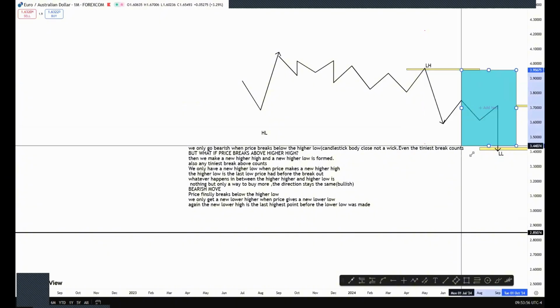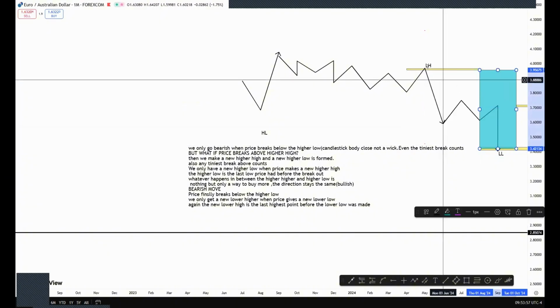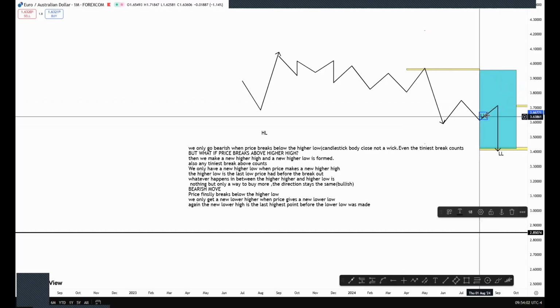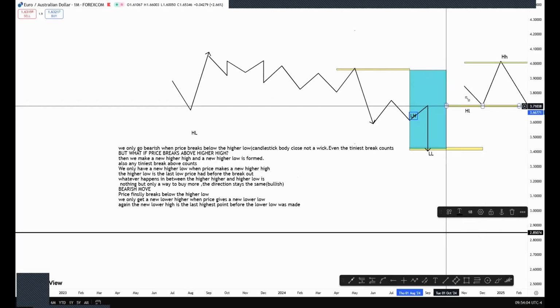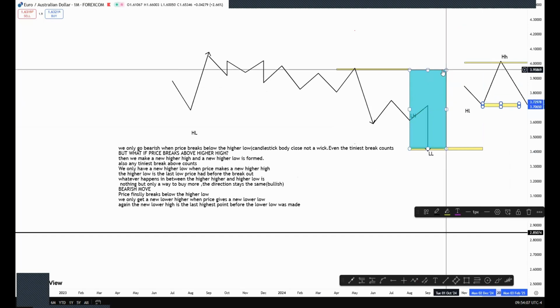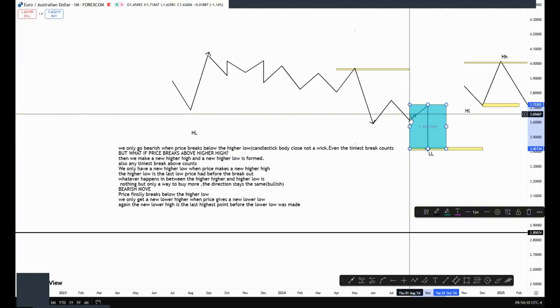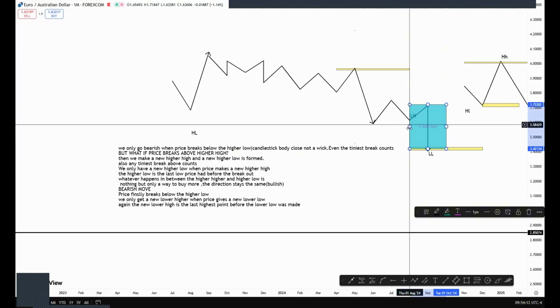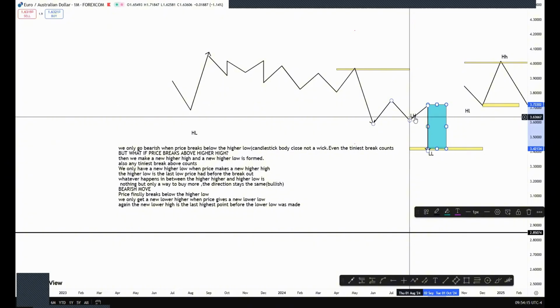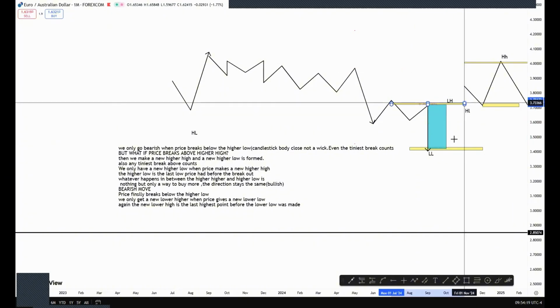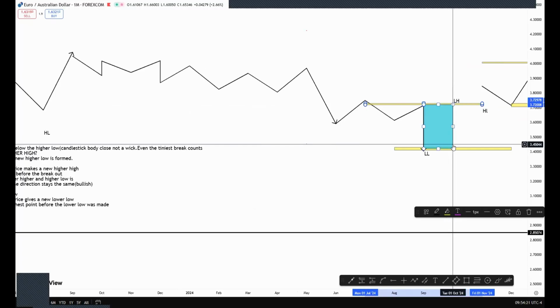And this becomes our new lower high, you see? Because this is the last highest point price was before it gave us that break, you see?